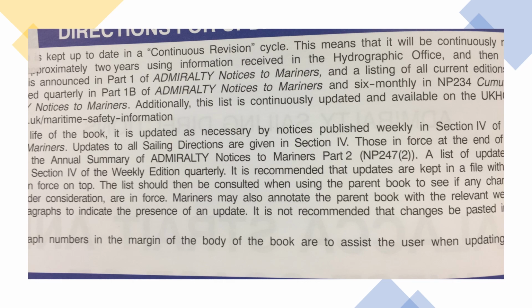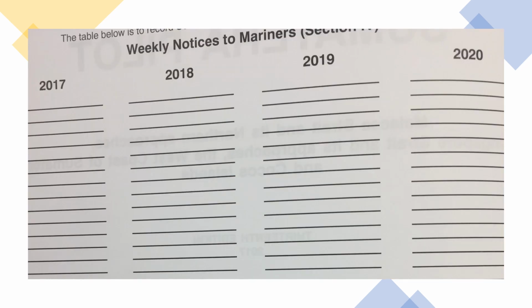The other thing that you have to do is you have to make a note of the correction here. So in a year, of course, there are about 52 notices to mariners that are issued, one for every week. And most of the time, every notice to mariner does not have a correction for the particular sailing direction.